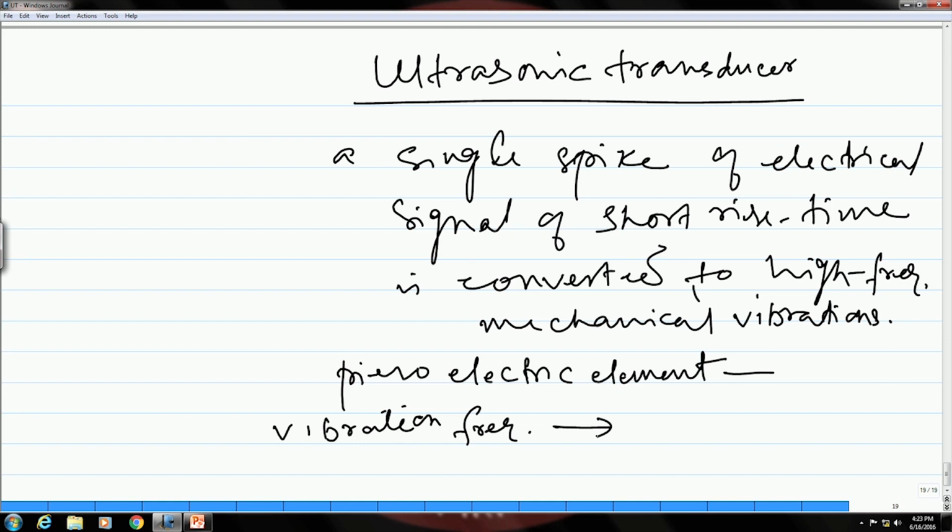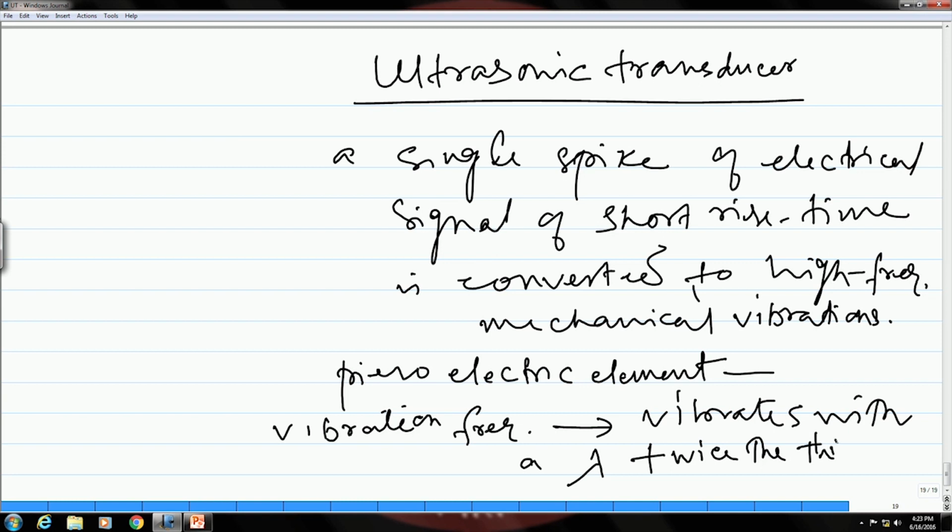Okay, so, it vibrates with a wavelength which is twice the thickness of the element. Okay. So, that means for higher frequency the thickness has to be lower. Lower the thickness, higher will be the frequency.